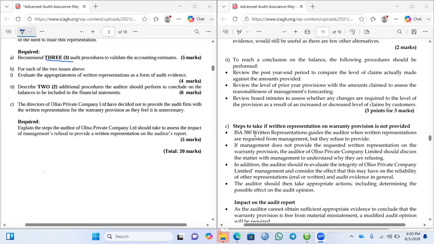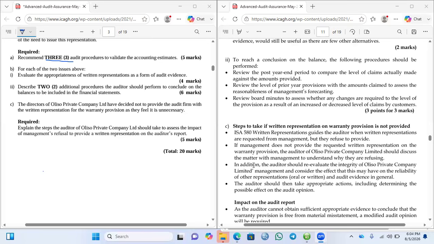ISA 580, written representation guides the auditor when written representations are requested from management, but they refuse. If management does not provide the requested written representation on the warranty, the auditors should discuss the matter with them to understand why they are refusing. So one of the steps is to discuss with them.